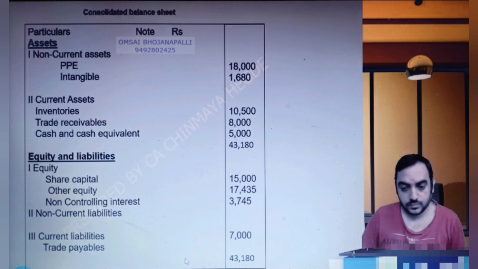Out of profit does not matter. 20% on what? 20% on 3,000. So that becomes 600. So dividend paid 600. Total 7,100.